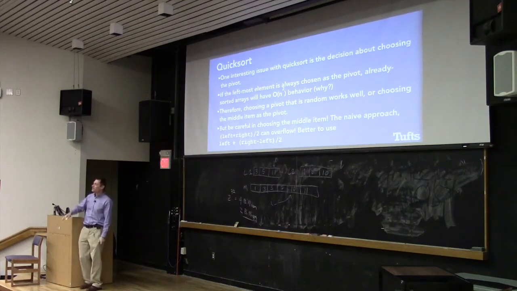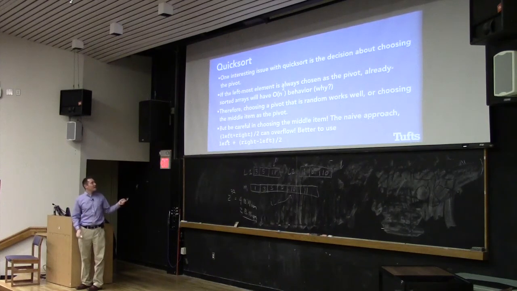If the left and the right happen to be in the upper half of that range, couldn't you end up with 2 numbers like 1.5 billion and 1.6 billion? If you add those 2 together, you end up with a number that's bigger than 2 billion. That causes the computer to say, I can't represent a number that big, and I'm going to overflow.